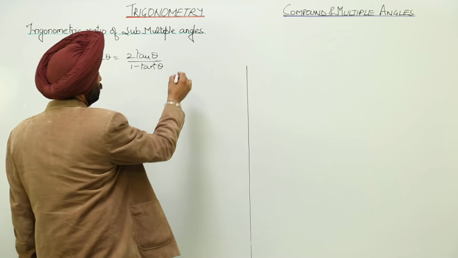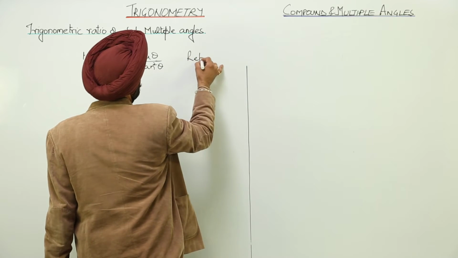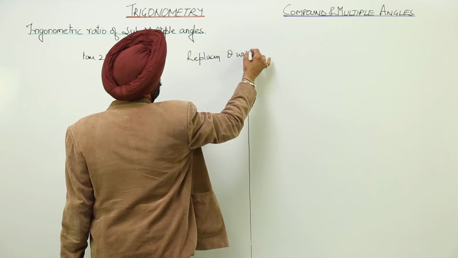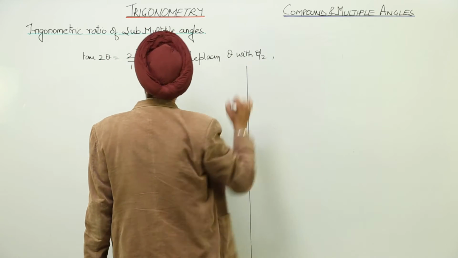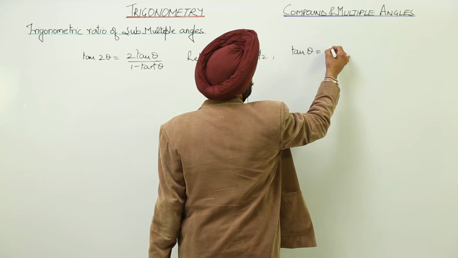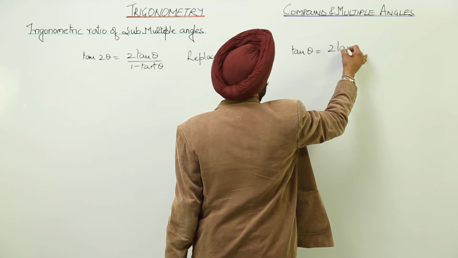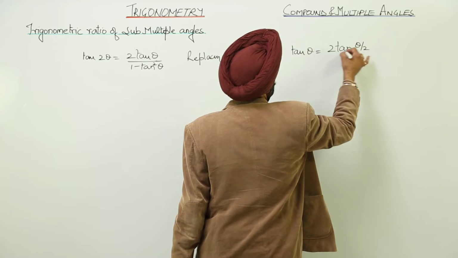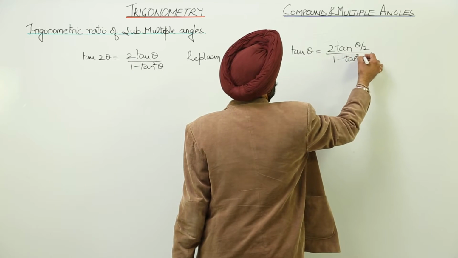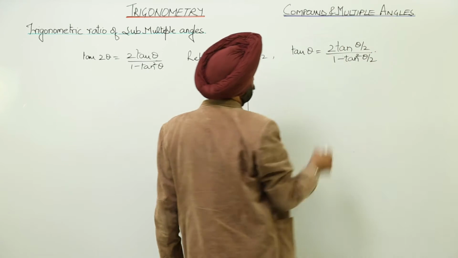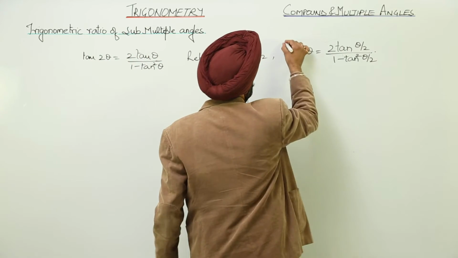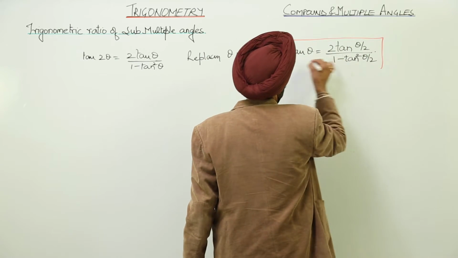Now replacing theta with theta by 2, we are getting tan theta is equal to twice of tan theta by 2 upon 1 minus tan square theta by 2. So we are having tan theta. First thing.